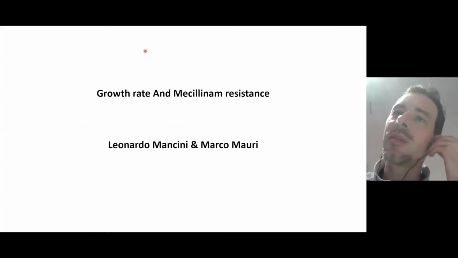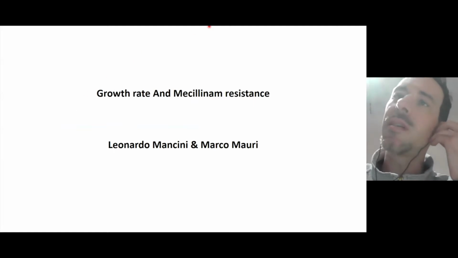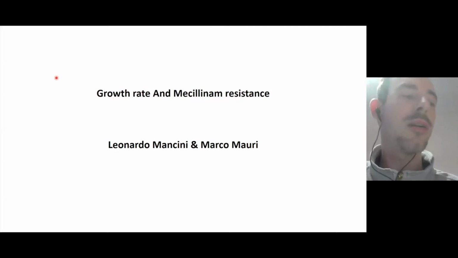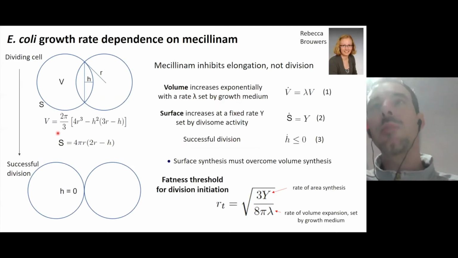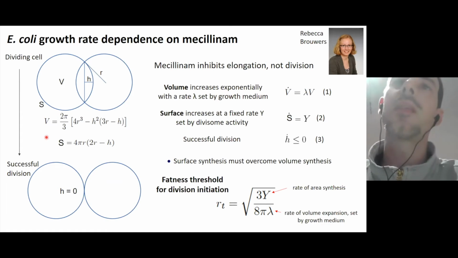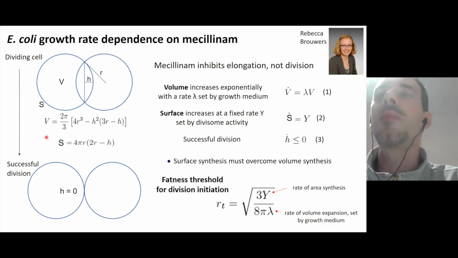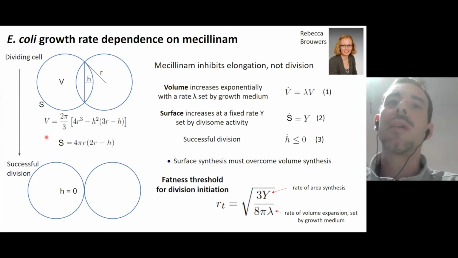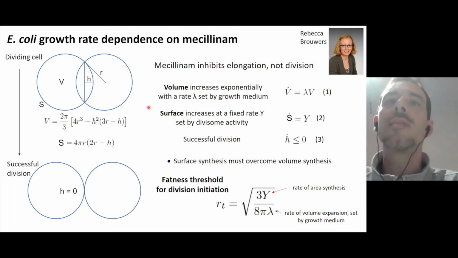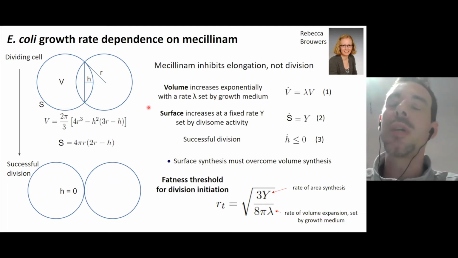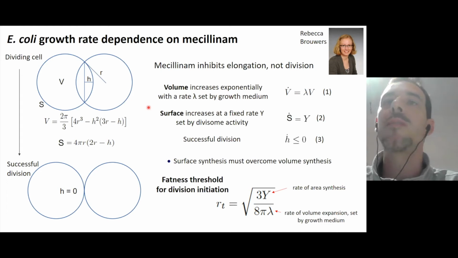Thank you, Jacob. So actually, I'm going to present a work done by a former member of our lab. Next slide, please. Rebecca Browers. So we have already seen that mecillinam is able to inhibit the elongation, but not the division. So maybe we can focus directly on dividing cells and understanding some conditions for obtaining such division in the presence of mecillinam.